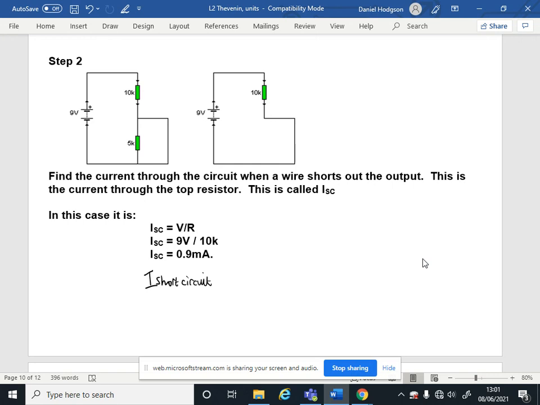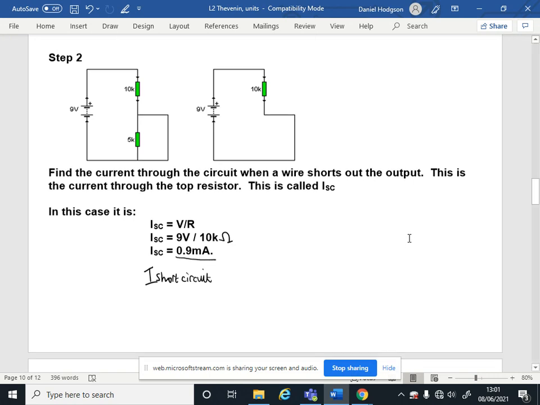In this particular case, you short out the bottom resistor. Therefore, the current is only going through the top resistor. Use Ohm's law, V equals IR, or I equals V over R. So 9/10 is 0.9. Don't forget, because you've got kiloohms, we come out in milliamps. So 0.9 milliamps. Step 2 done.